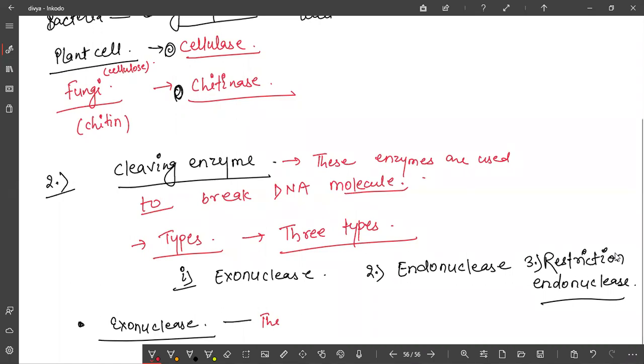It is made of nucleotides. A nucleotide includes one sugar group, one phosphate group, and nitrogen bases. Okay, so what does exonuclease do? It removes the nucleotides from the terminal end.